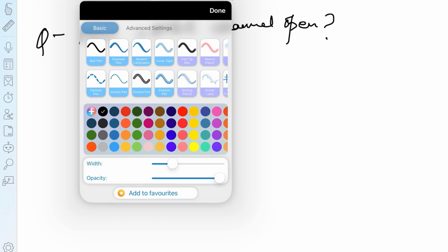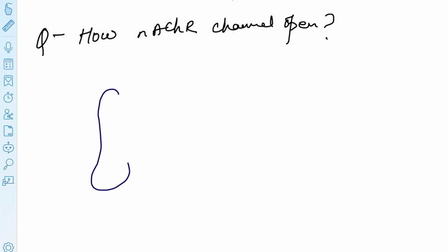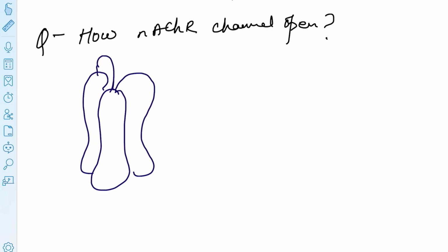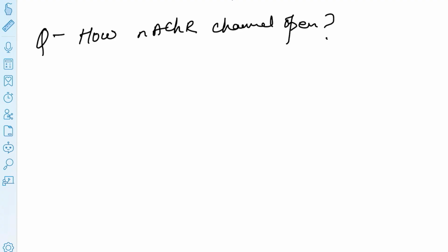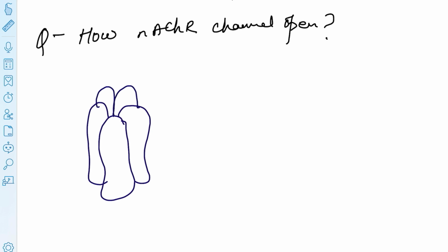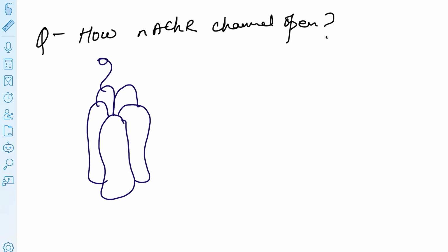If we again make a diagram of the nicotinic acetylcholine receptor, this is the pentameric ion channel. I have to keep some space on the top portion. Suppose this is the pentameric ion channel, and we have the N-terminal long loop. All the alpha and beta subunits will have their own N-terminal loop.